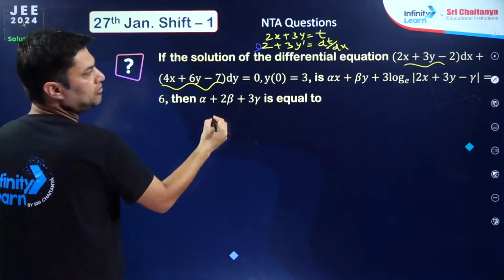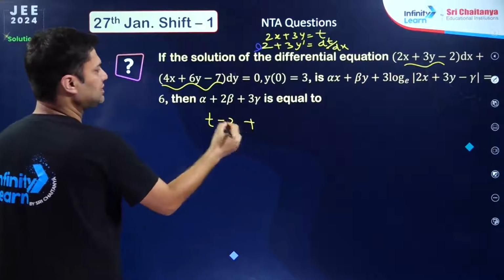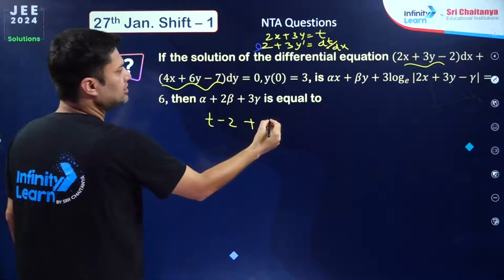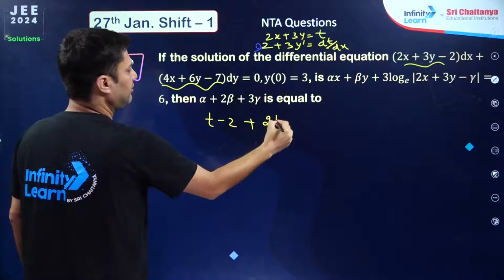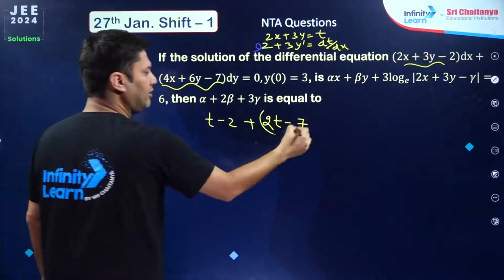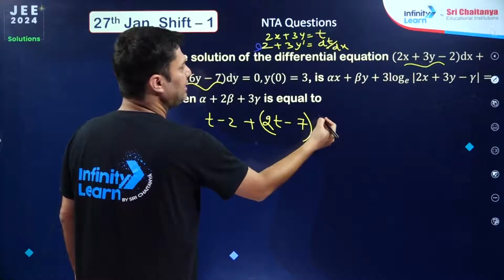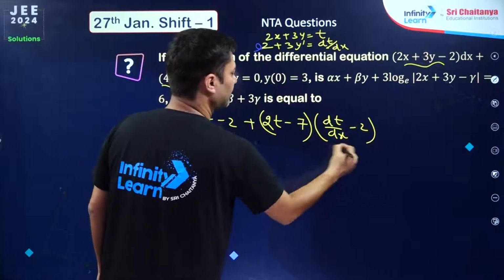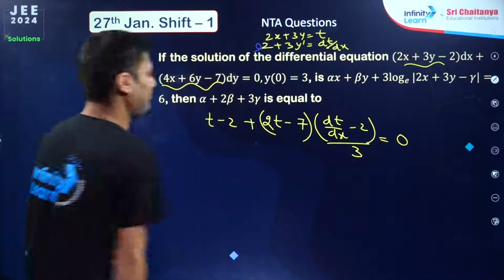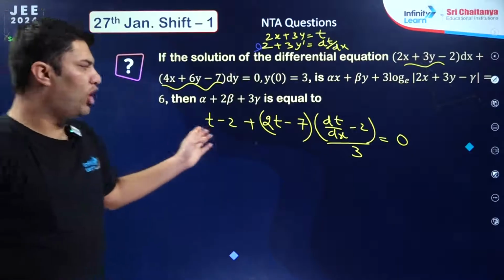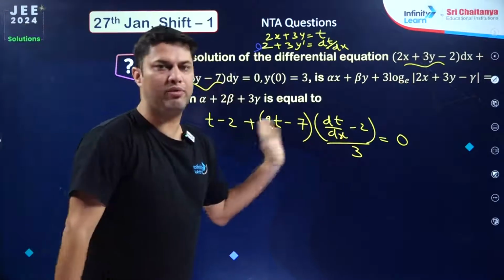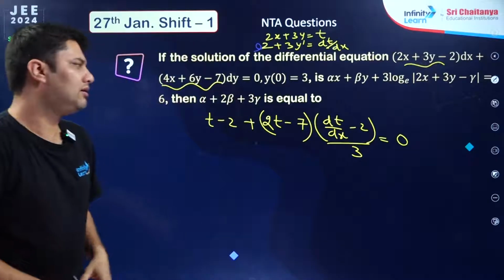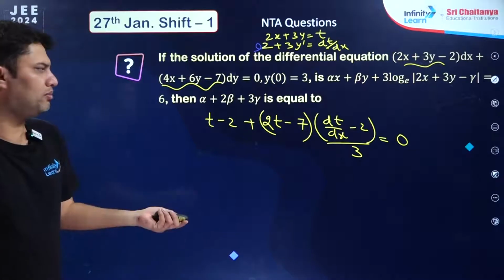So this is t minus 2 plus, and this is twice of t minus 7 into dy by dx. dy by dx will be dt by dx minus 2 by 3 equals 0. That's it. So this will form a variable separable equation in t and x, and you can easily solve the problem.